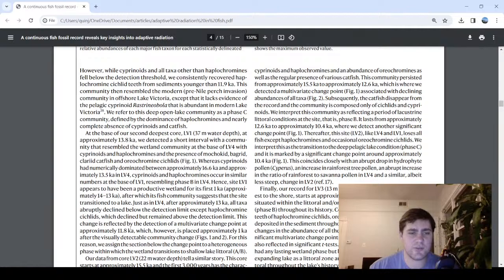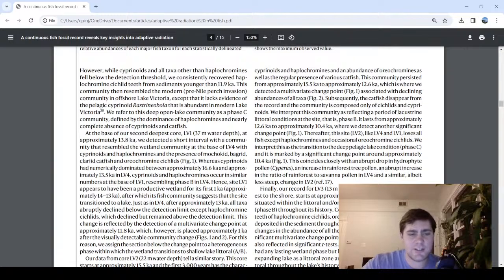This change is reflected by the detection of a multivariate change point at approximately 11.8 Ka, which, however, is placed approximately 1 Ka after the visually detectable community change.